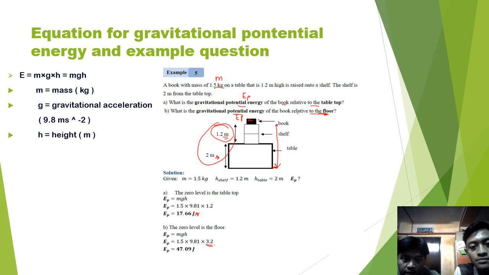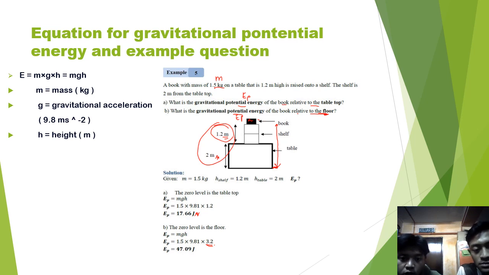So this is the example question about gravitational potential energy. The formula given is E equals mgh, where m is mass in kg, g is gravitational acceleration, and h is height. The example: a book with a mass of 1.5 kg on a table that is 1.2 meters high is raised onto a shelf.